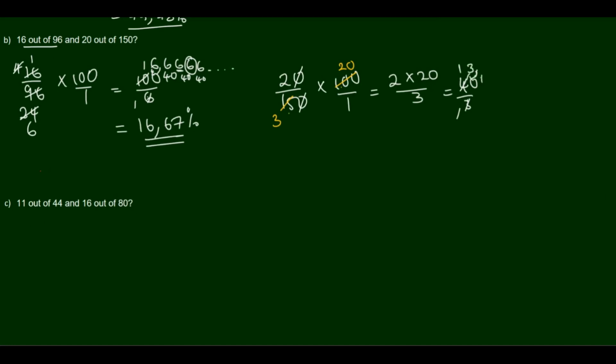Put a comma here. 3 remainder 1, and then 3 into 10, 3 remainder 1, put a 0 next to the remainder. It goes on like that. So it's a non-terminating recurring decimal. So this 3 will not change because the number to the right of it is less than 5. So it's going to be 13.33%. So meaning that 16 out of 96 is a bigger percentage.